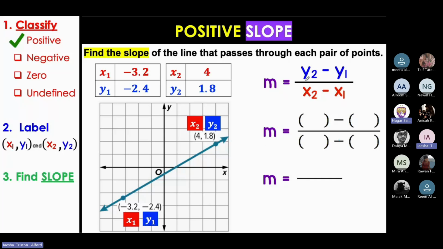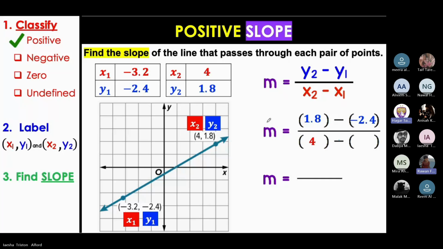So now writing y2, what number should be there? Positive 1.8. Fine. Y1? Negative 2.4. Okay. X2? Positive 4. Good. X1? Negative 3.2.